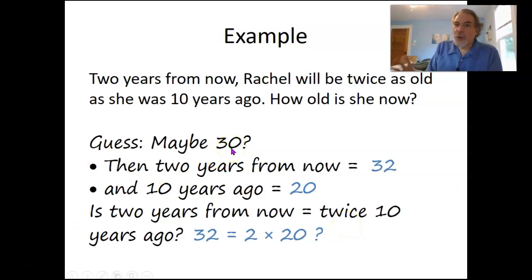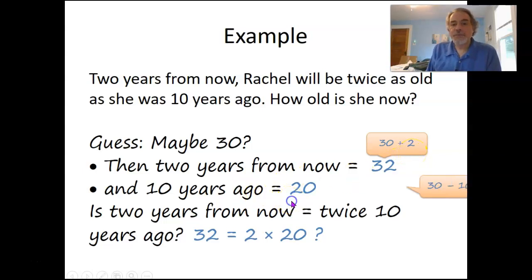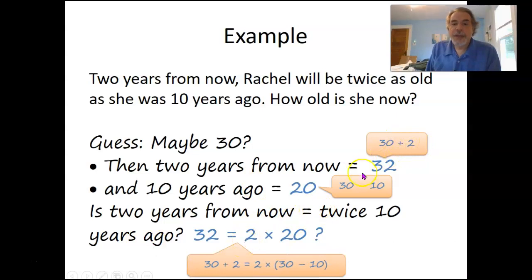Whatever number we started with as our guess for how old she is now, 2 years from now, we got that by adding 2 to that number. 10 years ago, we got that by subtracting 10. And then to check whether our guess was actually correct, we had to see whether the number we got from taking our guess plus 2 was equal to twice, that is 2 times, the number we got from our guess minus 10.